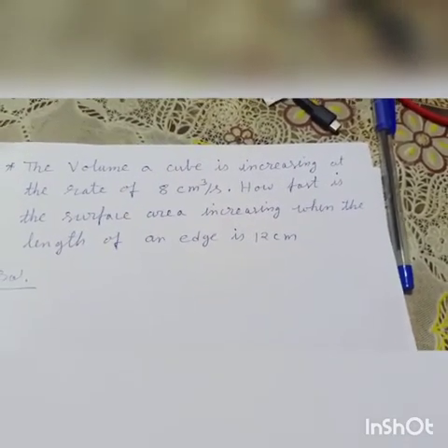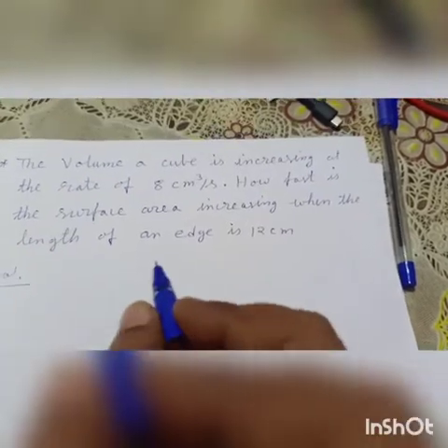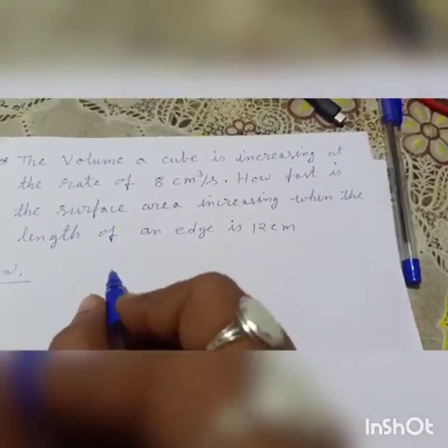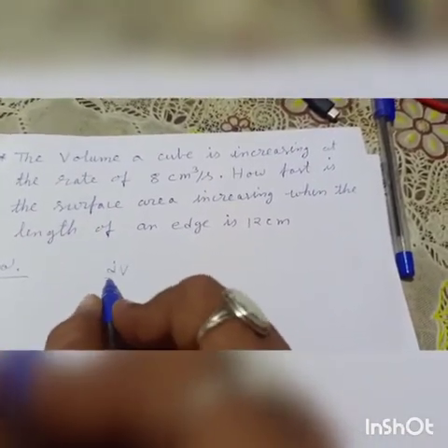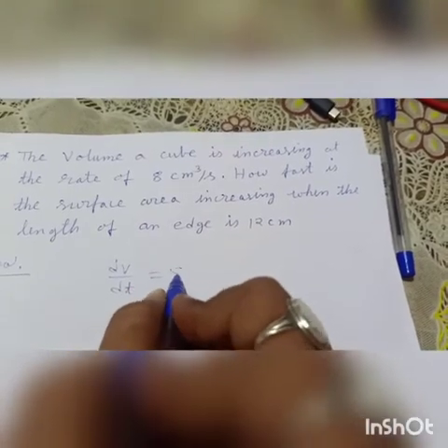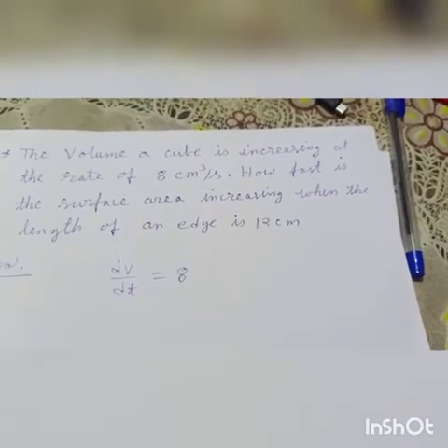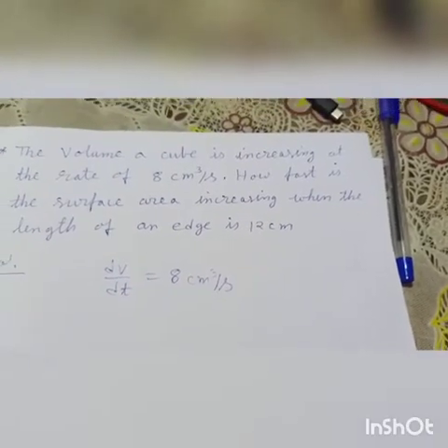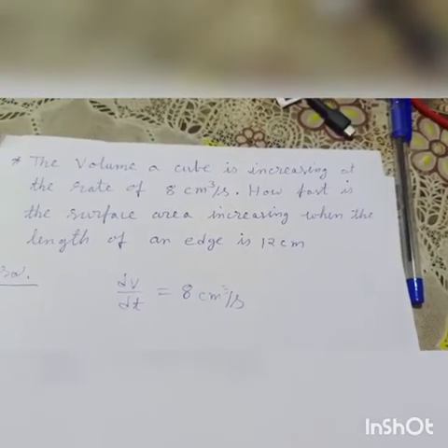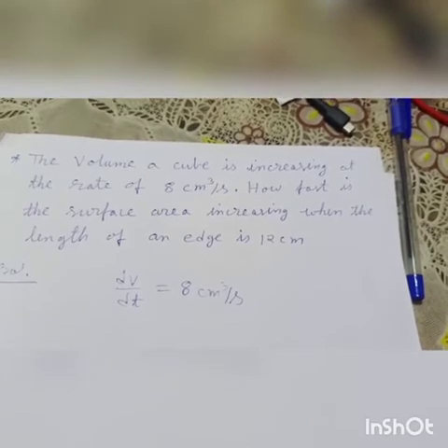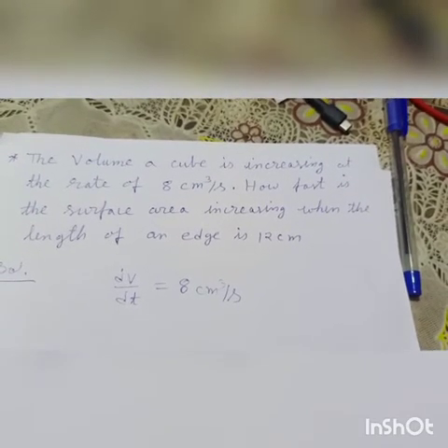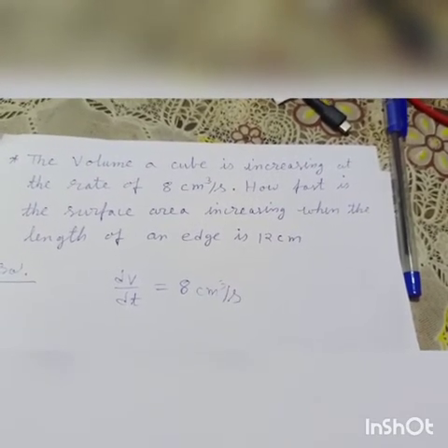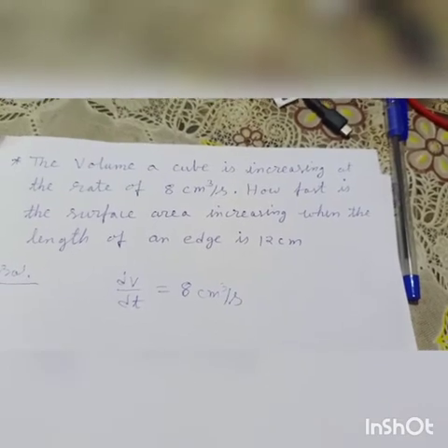Rate of change in volume is given, so we can say dV upon dt is given, that is 8 centimeter cube per second. This is the rate of change in volume. And what we have to find? We have to find the rate of increase of surface area when the length of an edge is 12 centimeter.